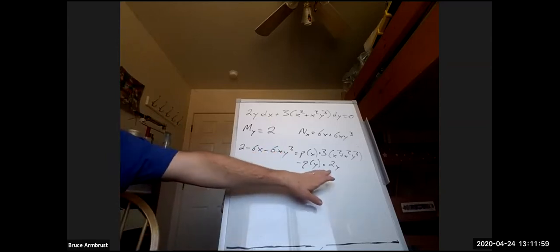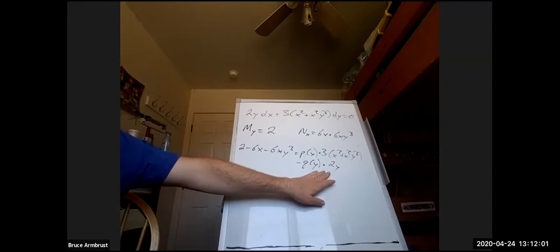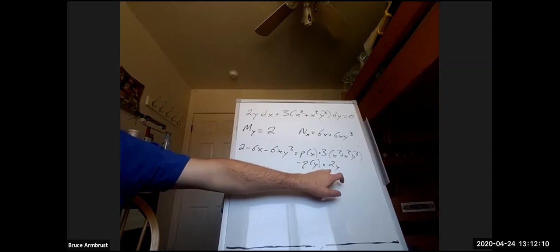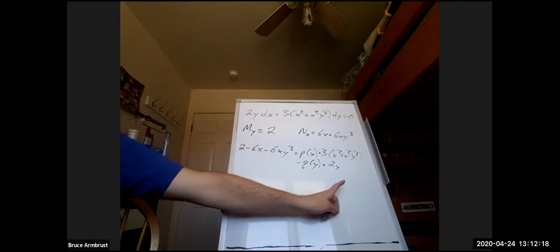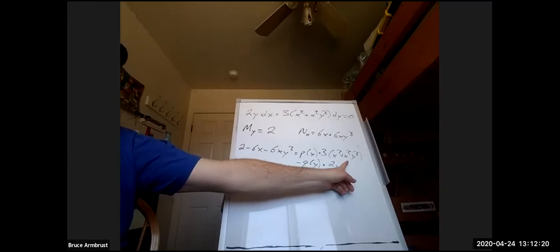First of all, from this second piece, it's going to be impossible to get a 6xy cubed, because I'd have to multiply by some sort of x term, which I'm not allowing because I want this to only be a function of y. So if I want to get minus 6xy cubed, that's going to have to come from multiplying times the N.